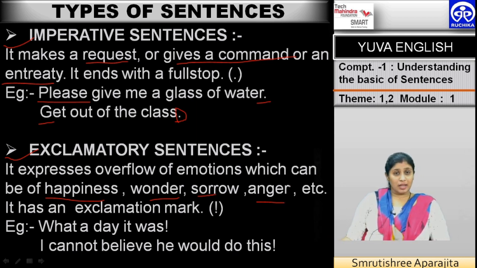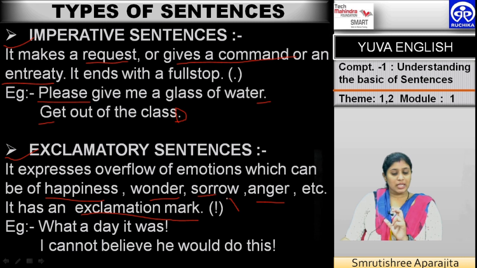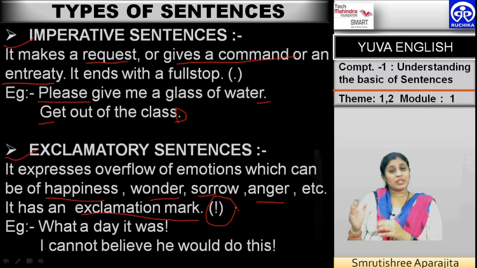When we say exclamatory sentences, they take an exclamation mark at the end. If you see, this is an exclamation mark, okay? An exclamation mark at the end of the sentence is always used when we exclaim something.